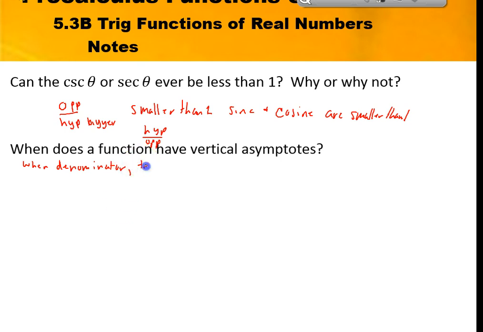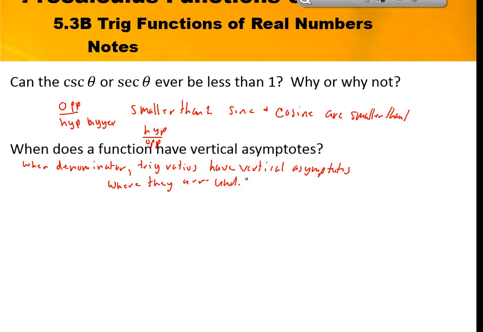So the trig ratios have vertical asymptotes where they are undefined. So that would only be for tangent, cotangent, secant, and cosecant.